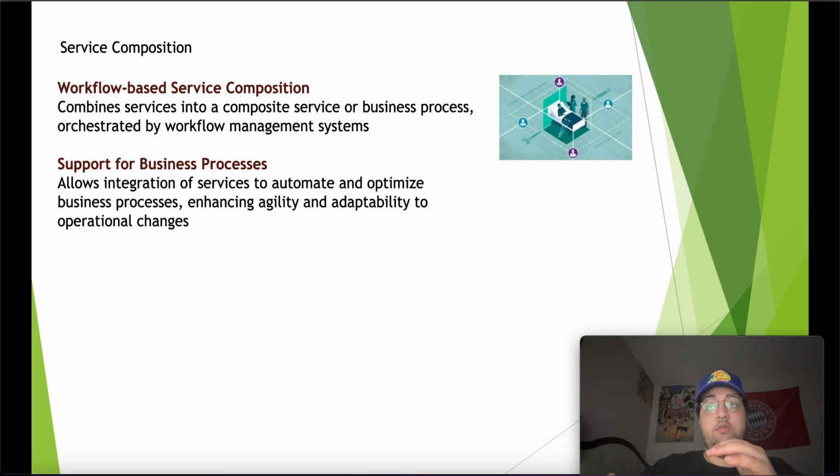And then there's a service that checks the credit score, and then an approval or non-approval service, and then finally a service to actually release the funds. So there's the workflow definition and there's the service orchestration definition. These are the things that make up the workflow-based service composition.